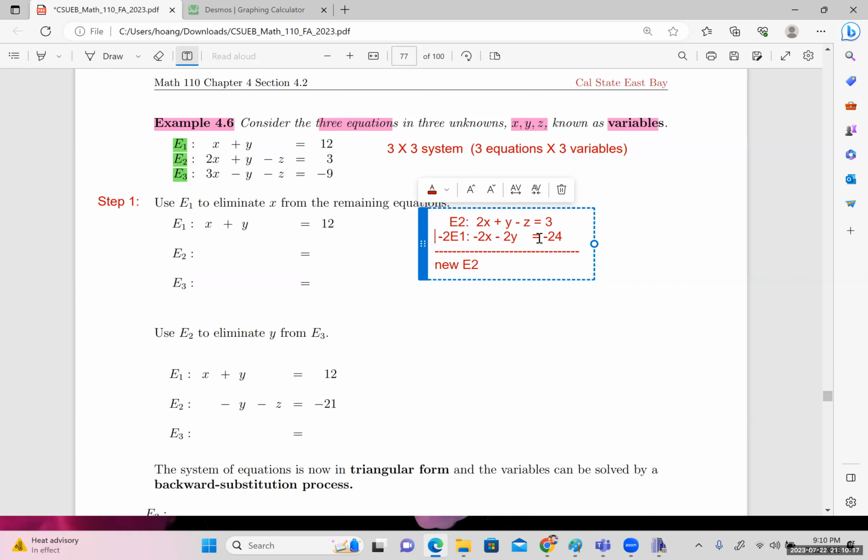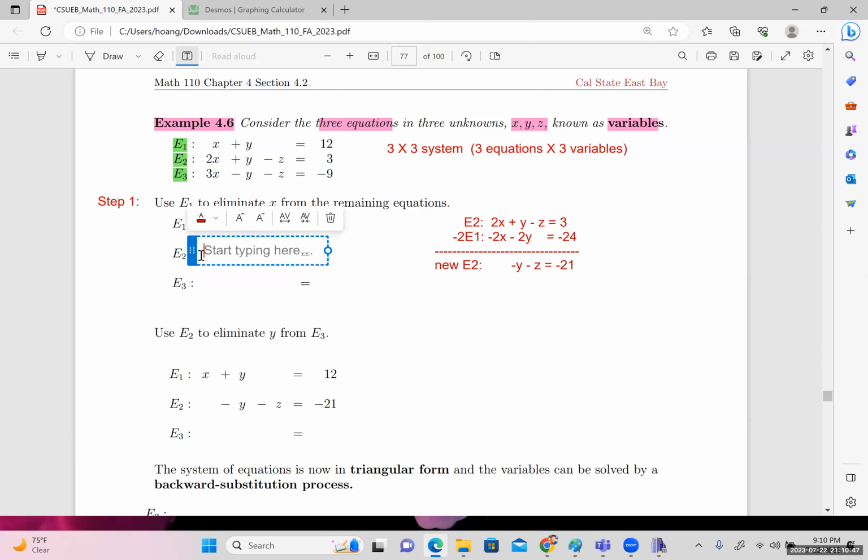Okay, maybe I'm gonna move this a little bit. And you will have now no more x, with negative y, and negative z equal to 3 minus 24, gonna be -21.